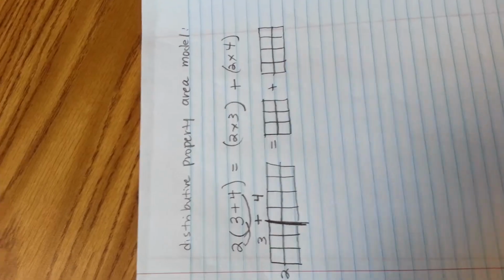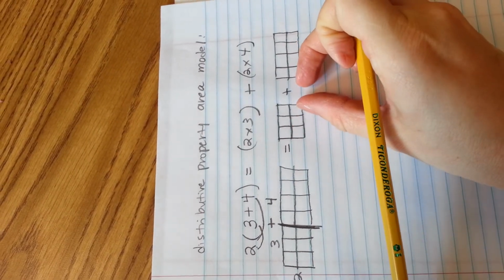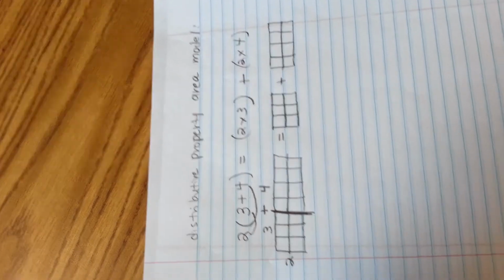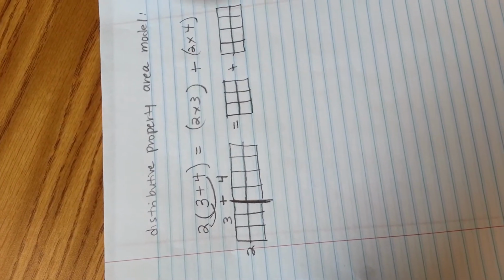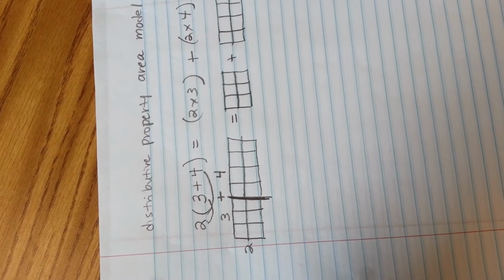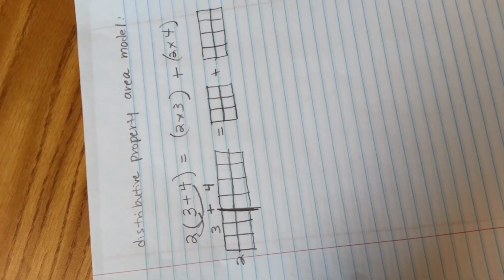You can see that if I push these together, it's the same as what I have here. So the total number of blocks is really a 2 by 7. So I know total I'm going to have 14 blocks in each.